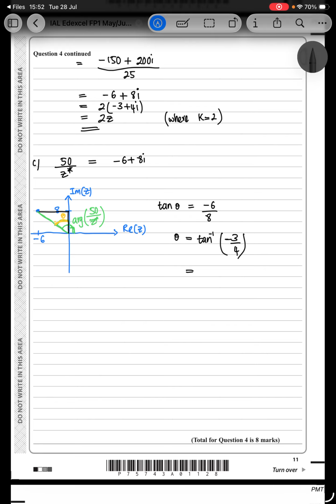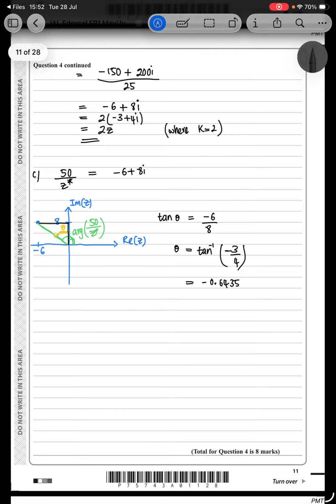So tan inverse of minus 3 over 4 is minus 0.6435. Now we can exclude this minus because we are going to add that to pi by 2, so we need a positive angle.